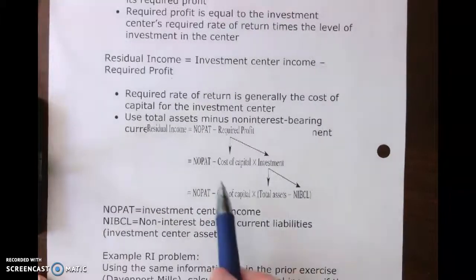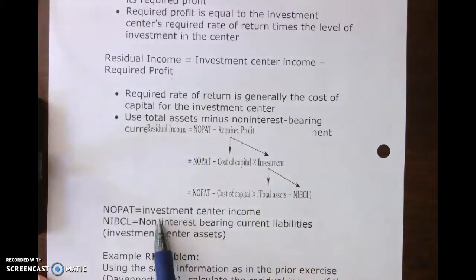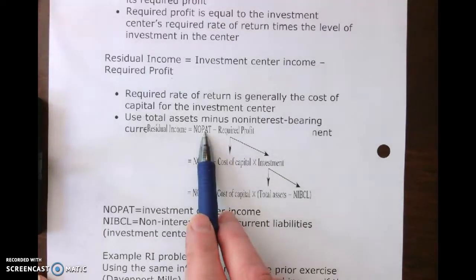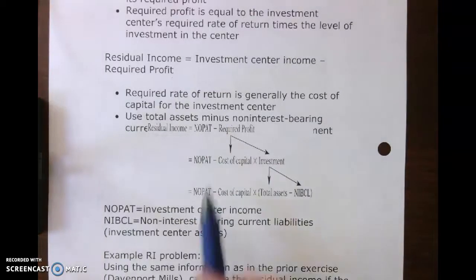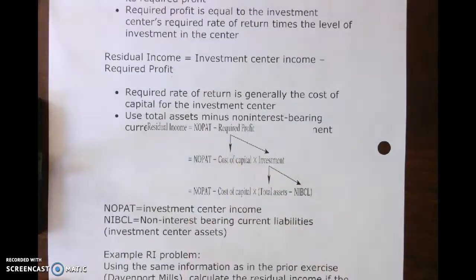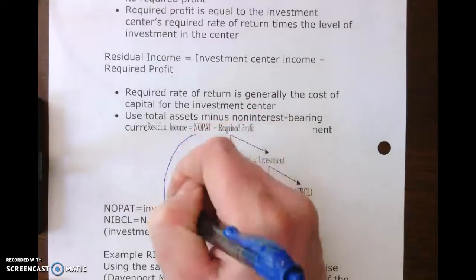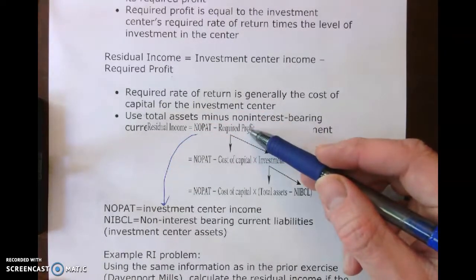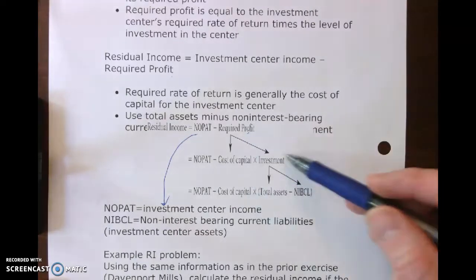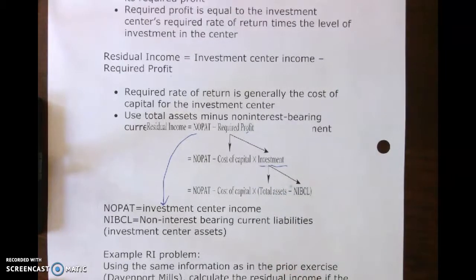So when we take our residual income, we take our investment center income, our NOPAT, net operating profit after taxes, and in additional accounting classes, you'll go through and talk about how to calculate that. So for now, I would just give that to you. Minus my required profit. So just think of NOPAT as my investment center income. The way I get to my required profit is I take my cost of capital times my invested assets. Okay?